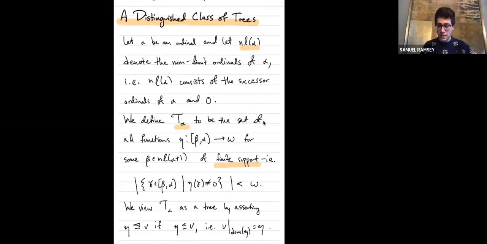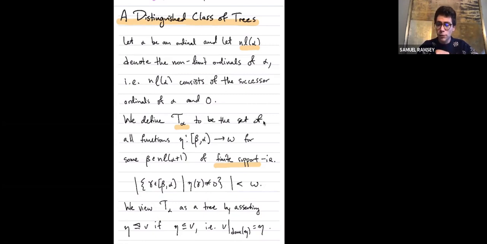All right, so script T alpha will be the following tree. You look at functions which go from the interval from beta to alpha, excluding alpha, into omega, where beta is a non-limit in alpha plus 1, and that has finite support.